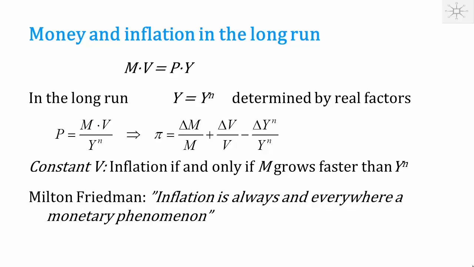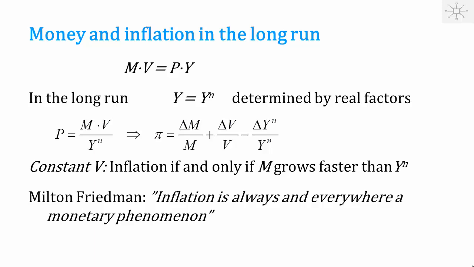And now again we use our very convenient rule of thumb for growth rates, which we learned in chapter 1, which says that the growth rate of the price level, that is inflation, is the growth rate of the money supply plus the growth rate of velocity minus the growth rate of the natural level of production.